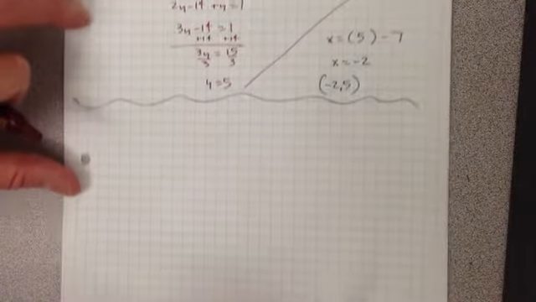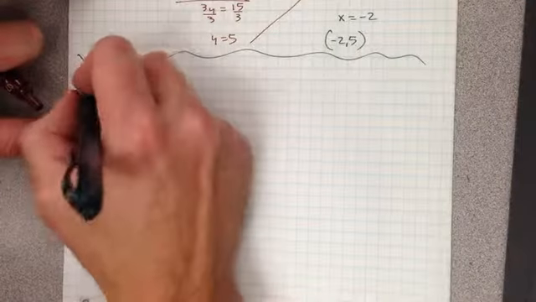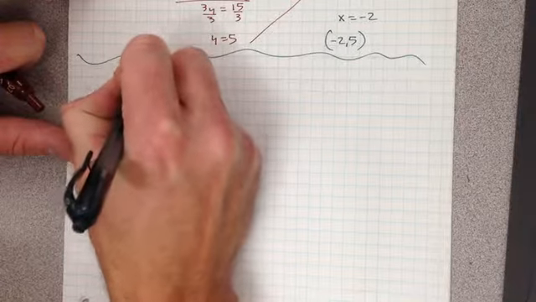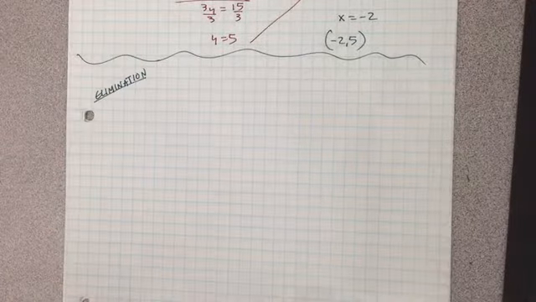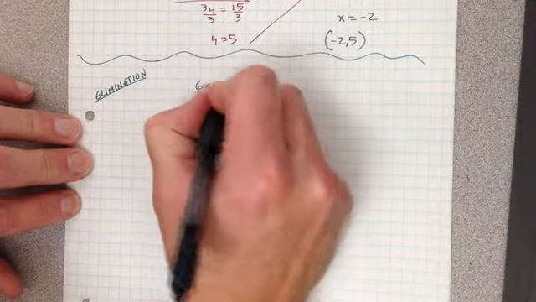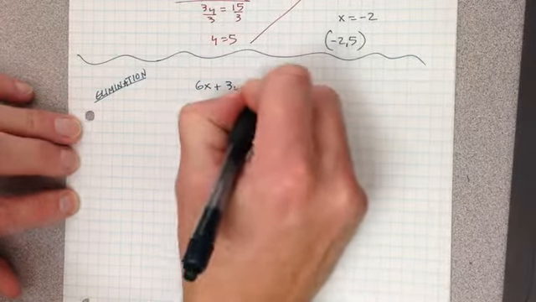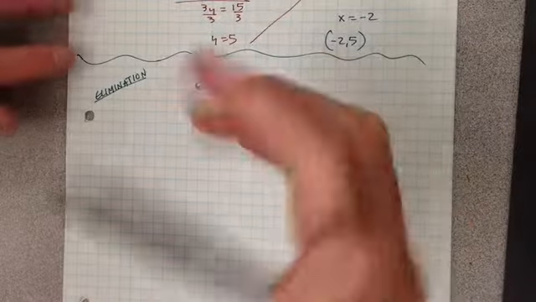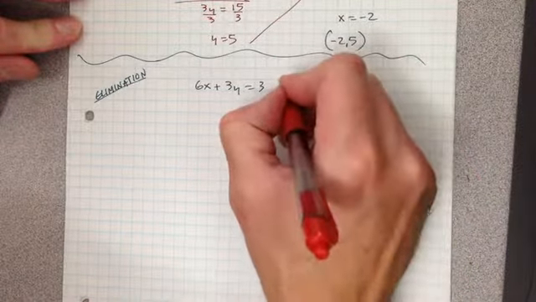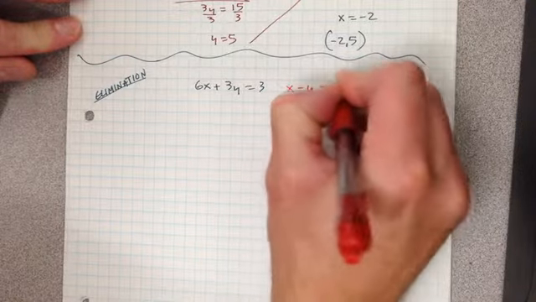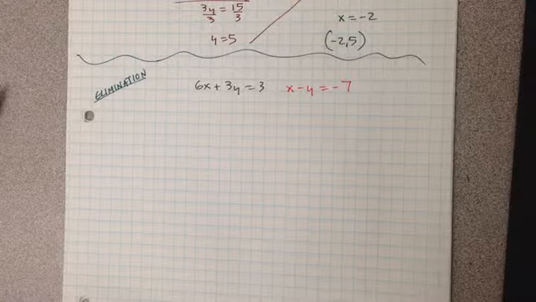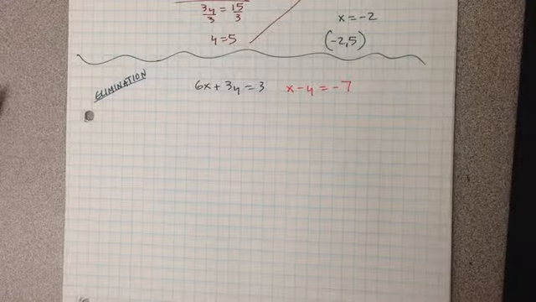Now, we will use what is referred to as elimination. So let's start with 6x plus 3y equals 3, and x minus y equals negative 7. Our system of equations. So let's solve it now. I'm looking at these.